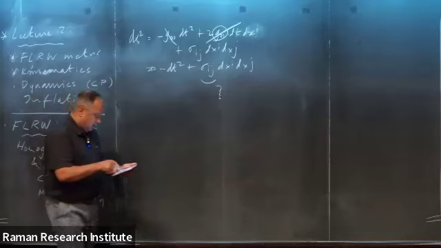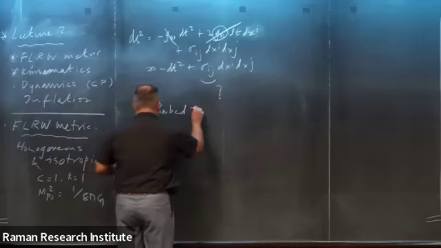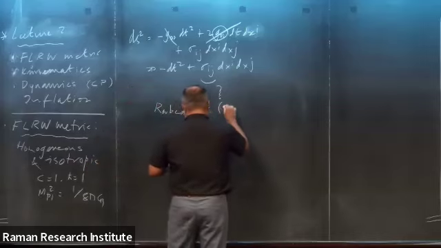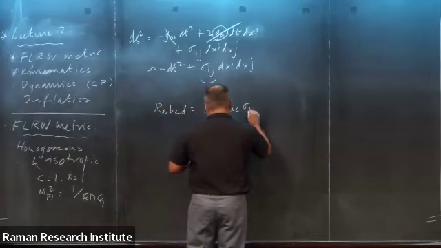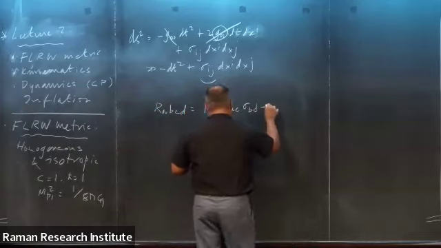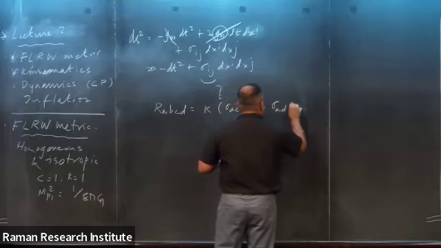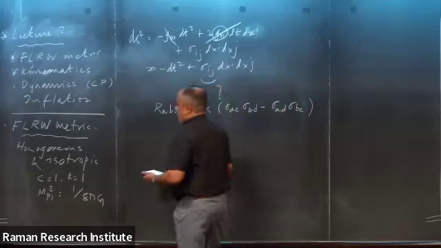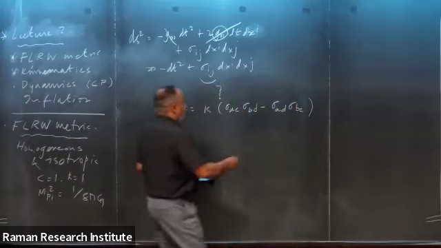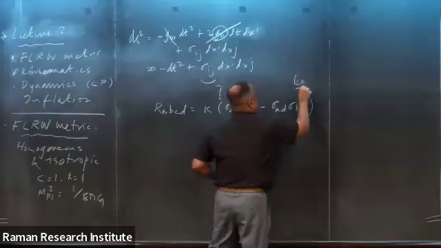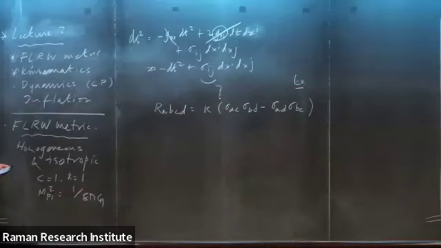You can write R_ABCD as follows: kappa times (sigma_AC sigma_BD minus sigma_AD sigma_BC). Is that clear? Okay, I will leave this as an exercise for you to prove. I'm not able to immediately mention a reference. I can mention it later.